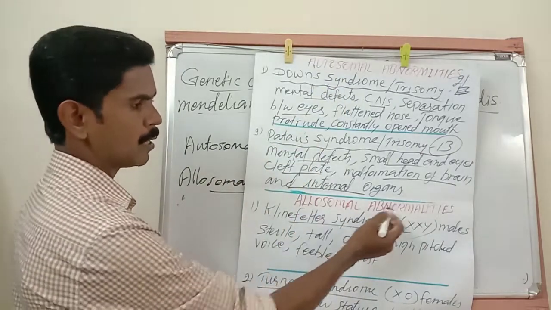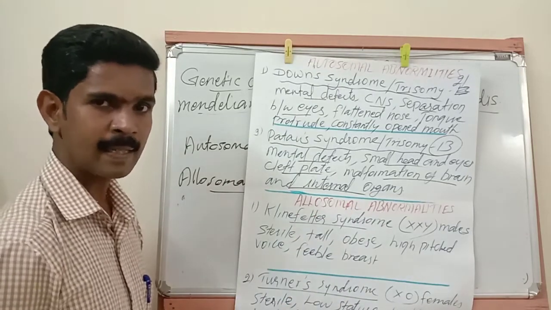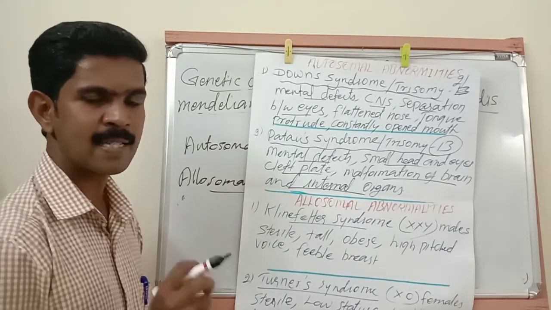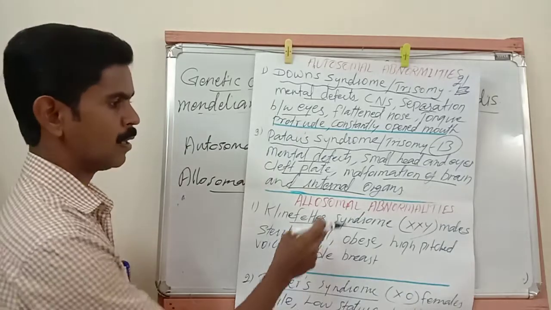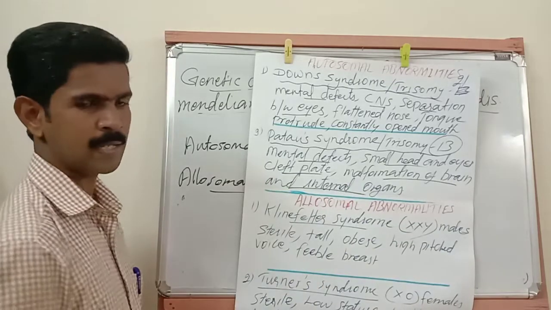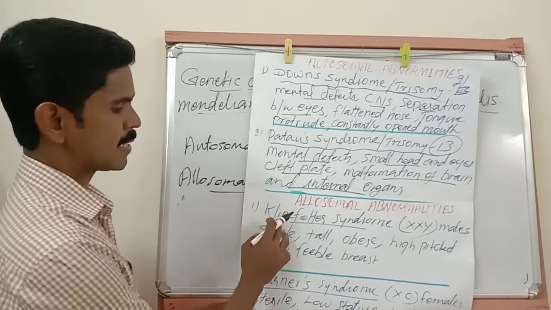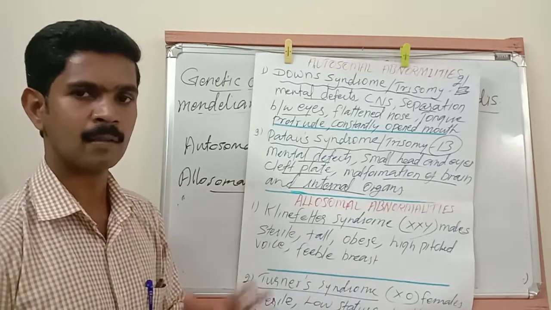Then allosomal abnormalities. Allosomal abnormalities means changes in the structure or number of sex chromosomes. Here also 2 examples I have written. The first example is Klinefelter syndrome, affecting only males.